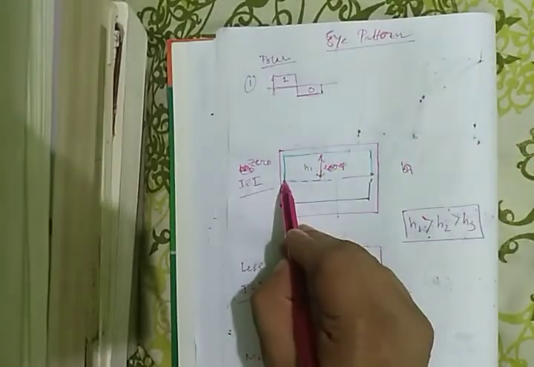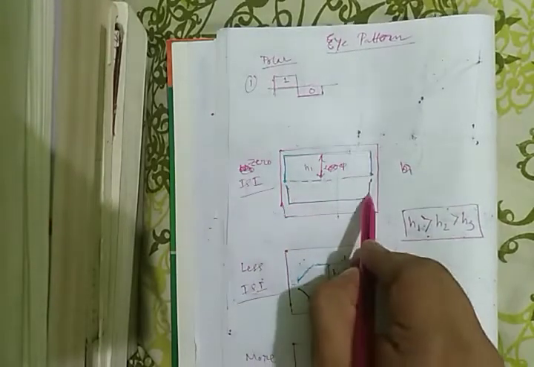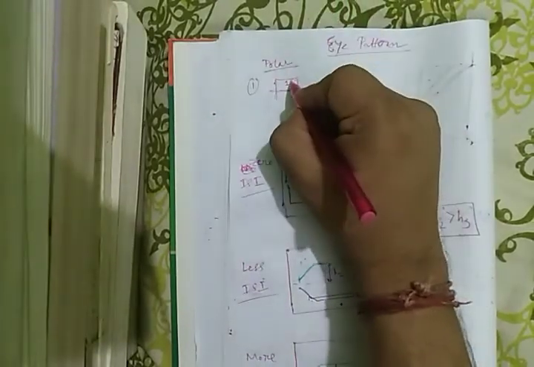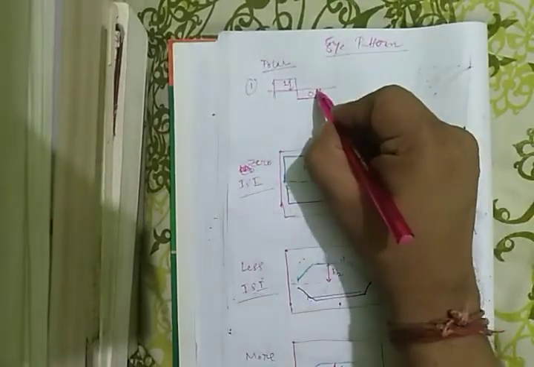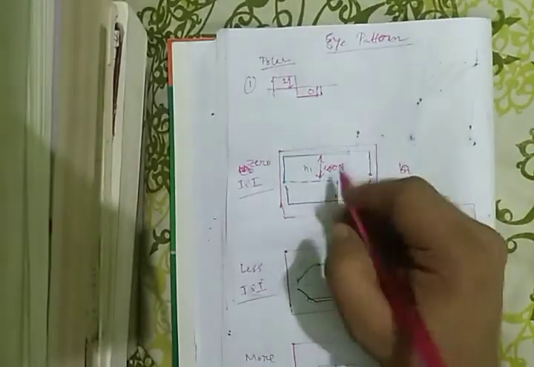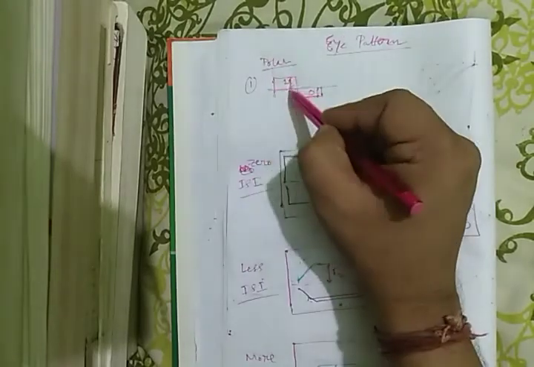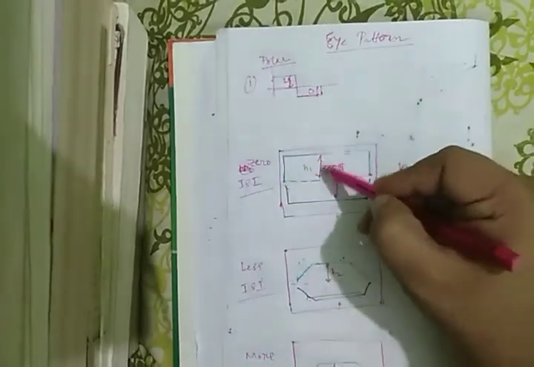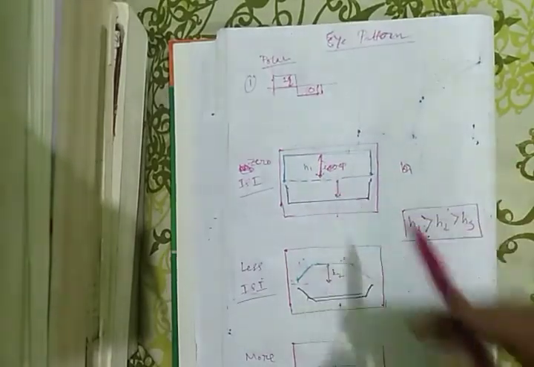The 1 will come as a proper 1 and the 0 will come as a proper 0. That means this amplitude will be the same as this amplitude, and similarly the amplitude of 0 will be the same as this amplitude. Again, if there is no ISI, then the height of this pulse 1 will be the same as this, and the height of this pulse 0 will be the same as this.